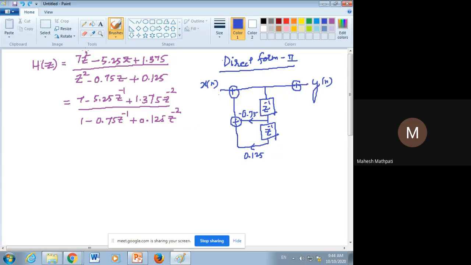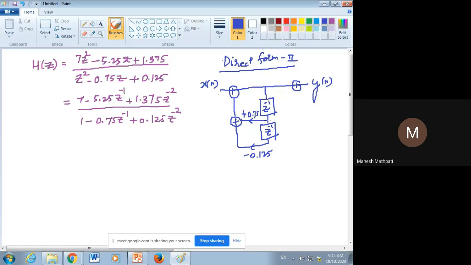Okay. Now on this side. So it's plus 0.75 and minus 0.25. Okay, that's correct. It is plus 0.75. Let me write it plus. This is plus 0.75, and this is minus 0.125.